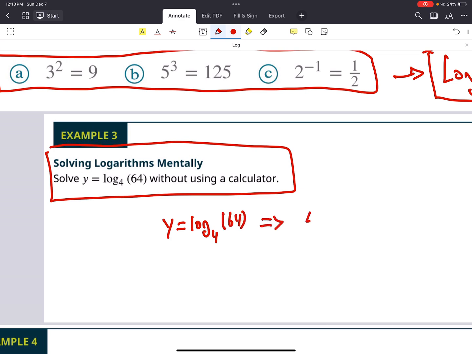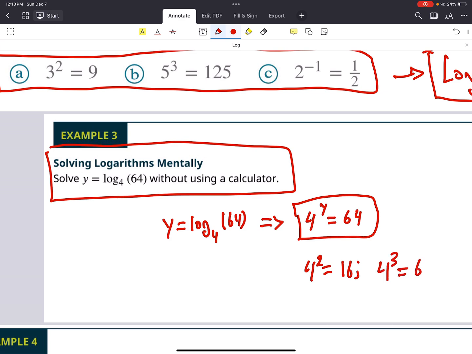Well, it's simply 4 to the power of y, which equals 64. Now, 4 raised to what power equals 64? Well, 4 squared equals 16, right? 4 cubed equals 64, and that's it.